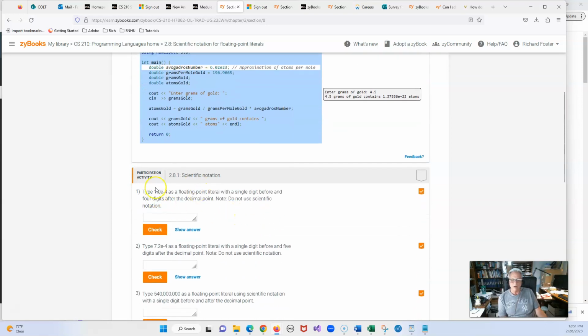So we have 0. We have 1 point E as 4. So this is the way I do it. This really means E, you want to move the decimal point over 4 times. So the way I do it is I will type in 1.0. And what we need is move the decimal point over 4 times.